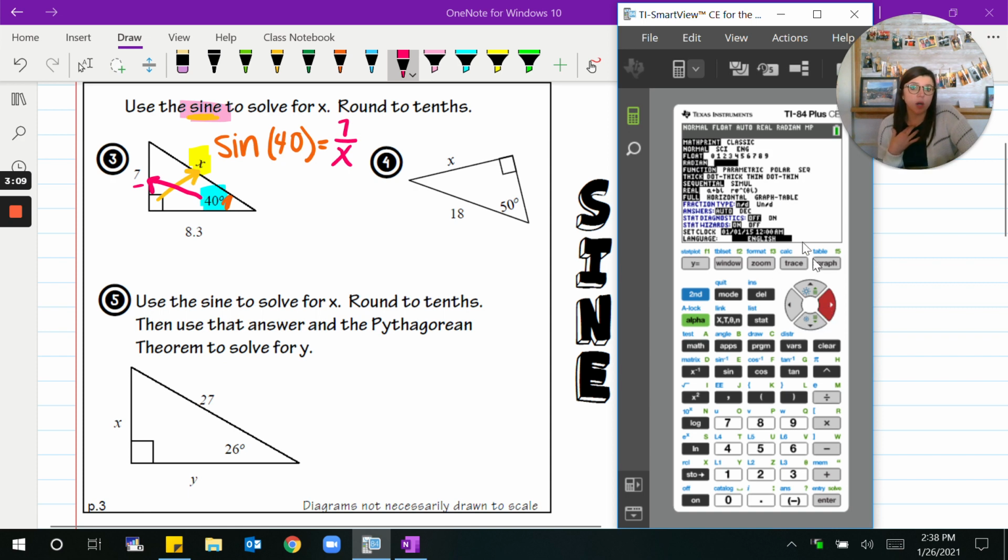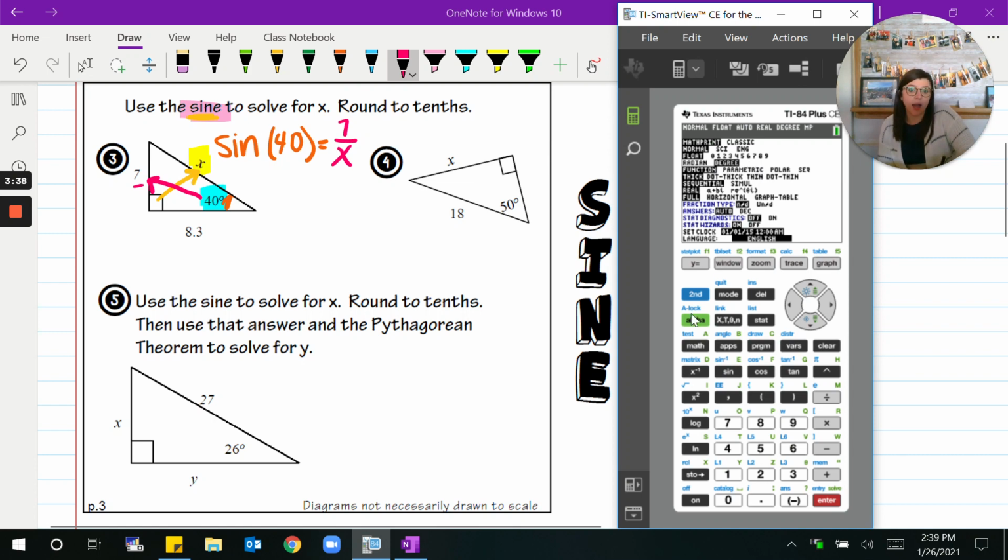We want to go over to degree because our angle this time will be in degrees. Since we have an angle, that little circle up there means degrees. So make sure you've gone, again, that's mode, and then you go down twice to the radian, and you want to go over to degree, press enter. So degree should be black.